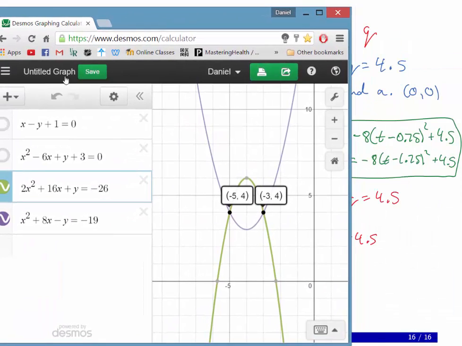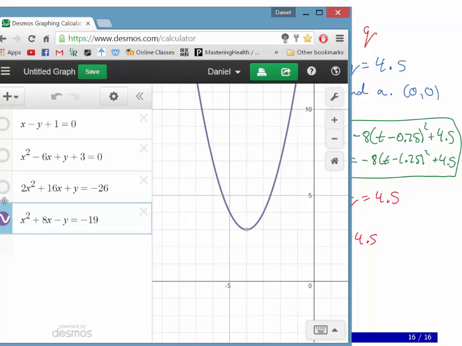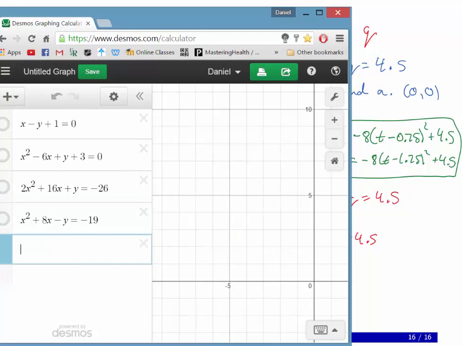So plugging this into Desmos, let's turn these guys off. We now have negative 8, and I'm going to put t minus 0.75, all squared plus 4.5, and it looks like it doesn't like, I have to make this equal to 0, and I'm going to make this x instead of t.